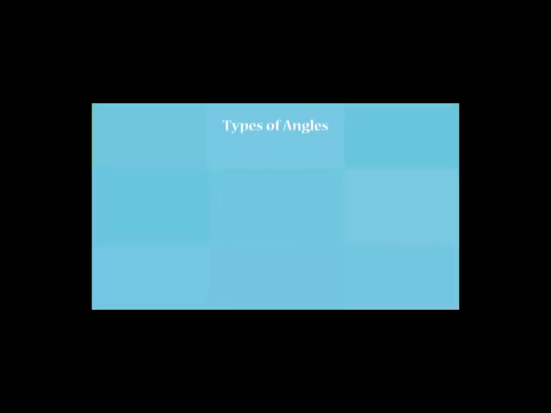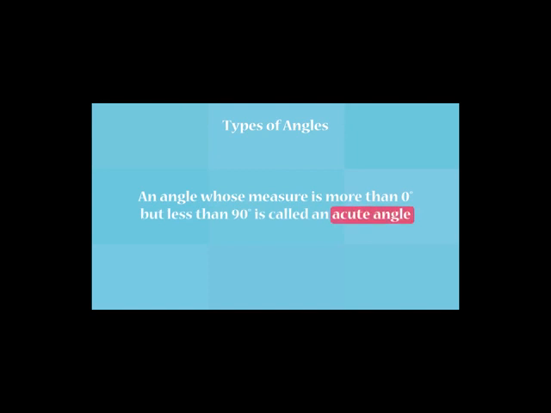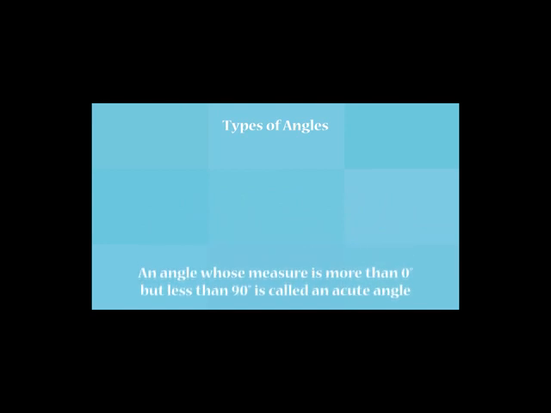Next topic we are going to learn is about types of angles. An angle whose measure is more than 0 degrees but less than 90 degrees is called an acute angle. Once again, an angle whose measure is more than 0 degrees but less than 90 degrees is called an acute angle.